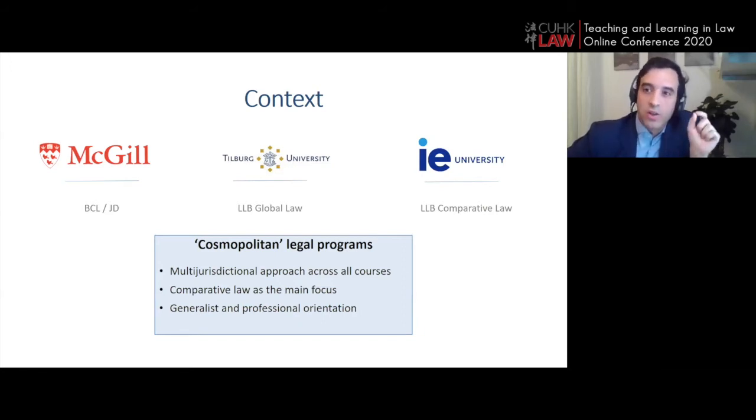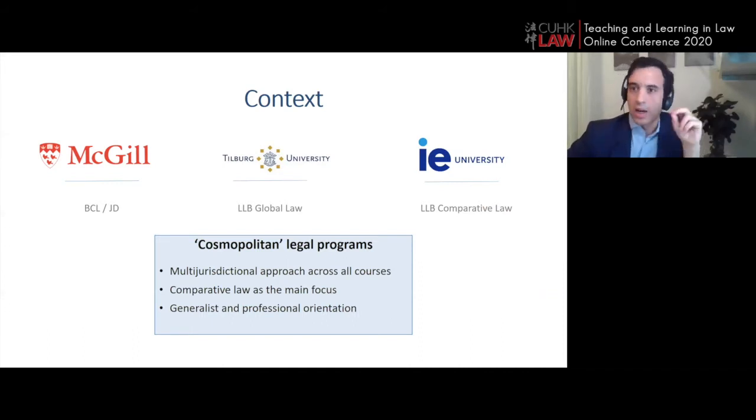But even in that context, and again, please correct me later if you think that I'm wrong, I think that even in the common law context, legal programs normally do not go as far as the programs that I've mentioned, in the sense that there is still always a reference jurisdiction, which is normally the domestic jurisdiction of the country where legal programs are actually taught.